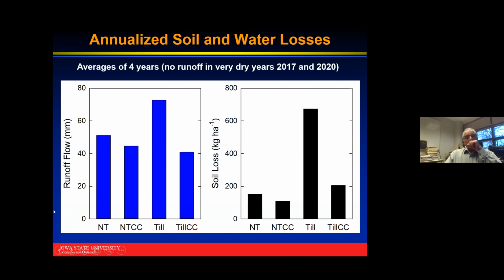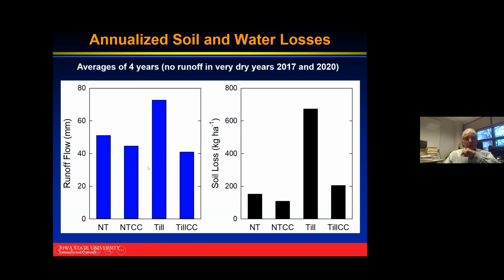Okay, these are the average of 4 years because we did not have runoff in 2017 or in 2020. It was a dry year. So this is the flow, the blue graph for the treatments.